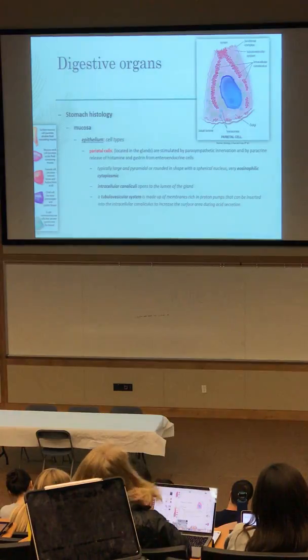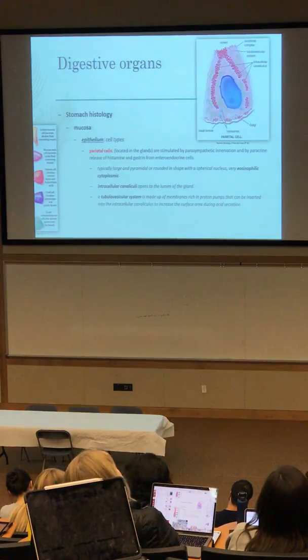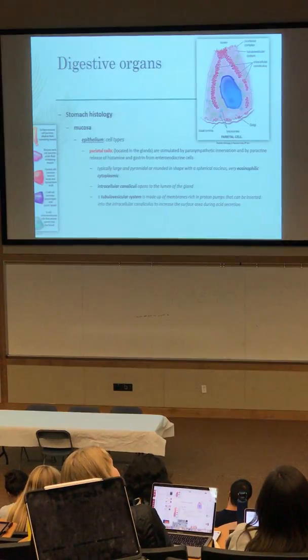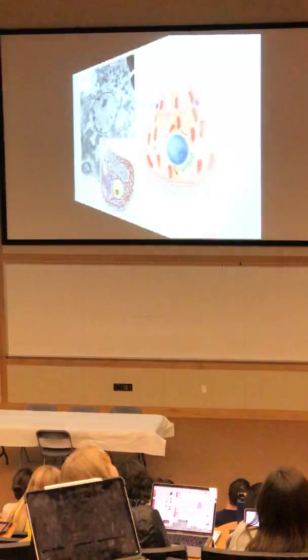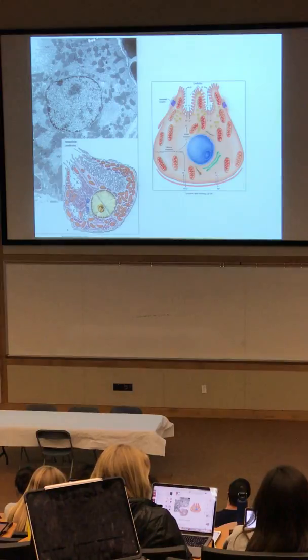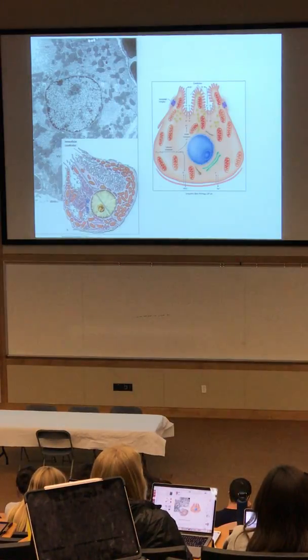So it's basically stored membrane that can be added to the surface or added to the intracellular canaliculi if you want to increase the surface area. And when you're diminishing the surface area, they go back into storage. So it's basically stored membrane is what that is. Okay? Here are a couple of diagrams so you can see the intracellular canaliculi.